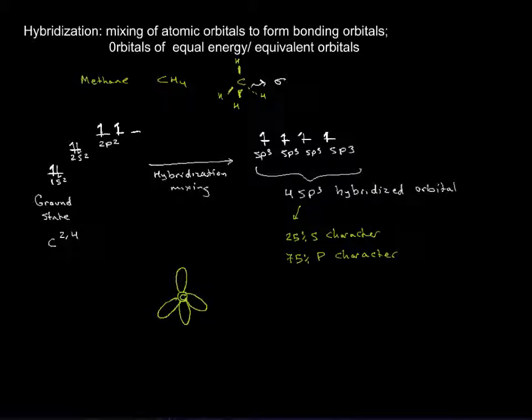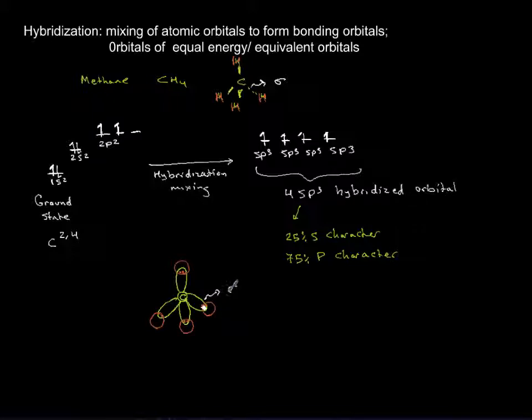Now each of the hydrogens, I'm going to put them in red, are going to come here and put their electrons into these newly formed orbitals. So 2 electrons, 1 belonging to hydrogen, 1 belonging to carbon. 2 electrons, 2 electrons. Now this is also a sigma bond.